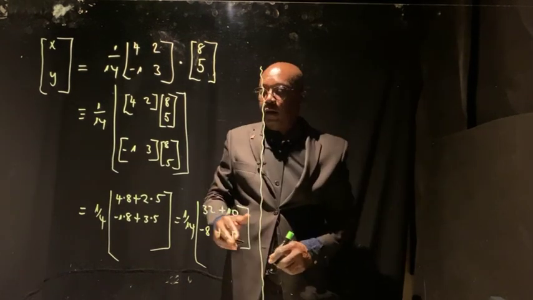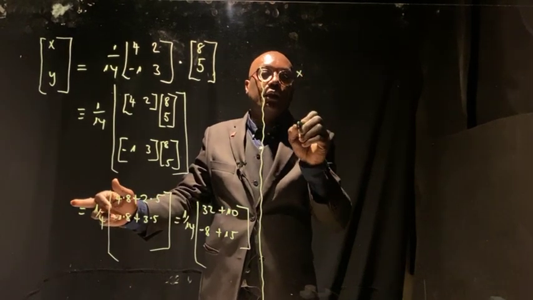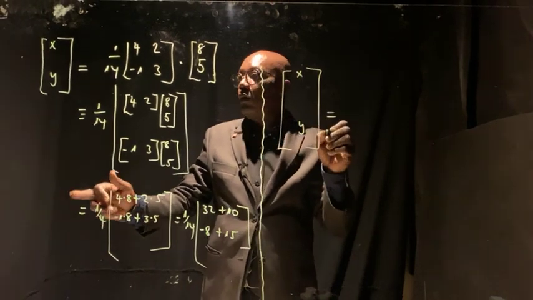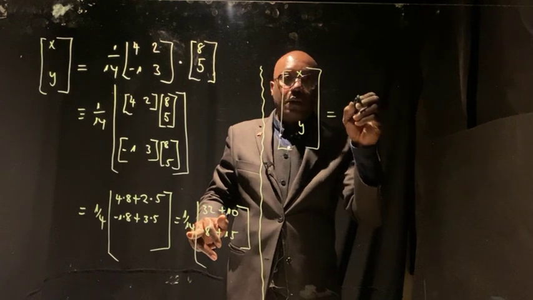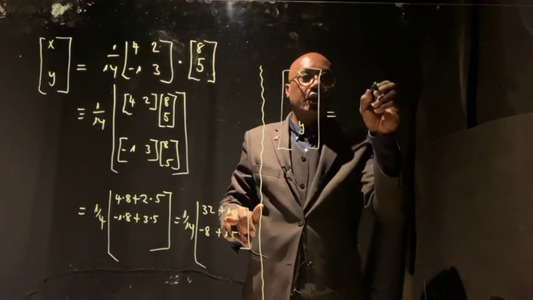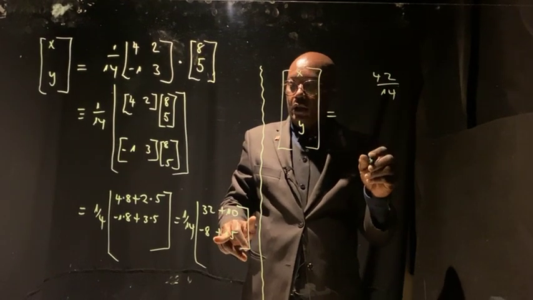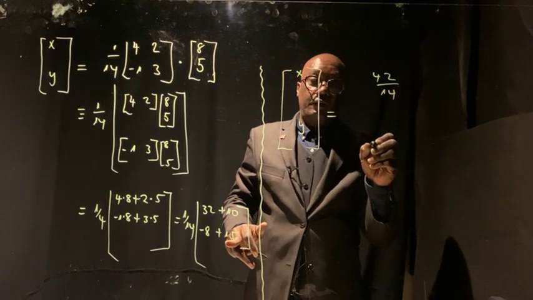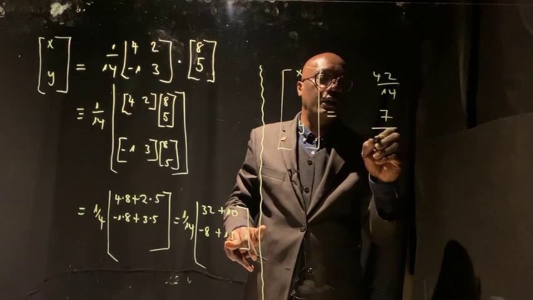Now, we are here with x, y equal to 1 over 14. It becomes 32 plus 10, which is 42 over 14. Then here, minus 8 plus 15 is 7 over 14.